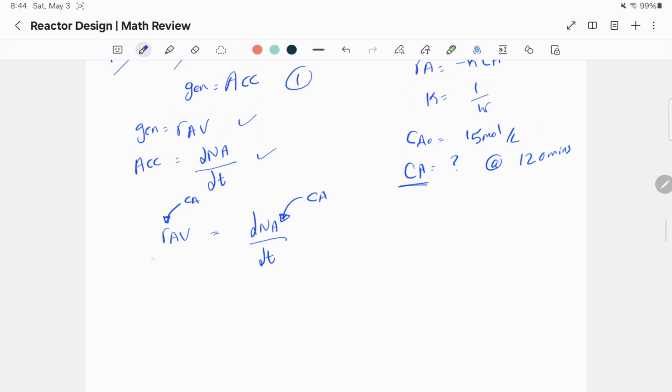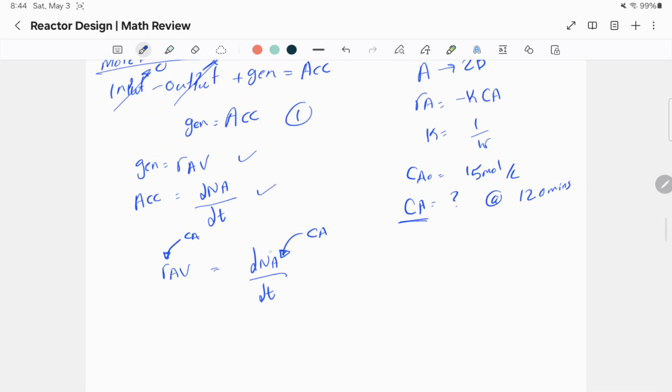So let's sub in our rate of reaction, and change the NA in terms of CA. So our rate of reaction is negative K times CA times V equals, we know that CA concentration equals moles over volume. Therefore, as discussed in our previous video, NA equals CA V.